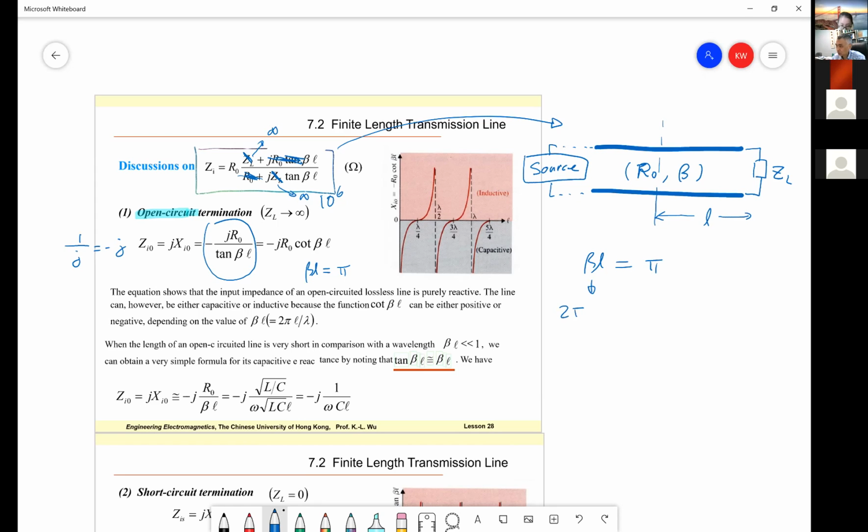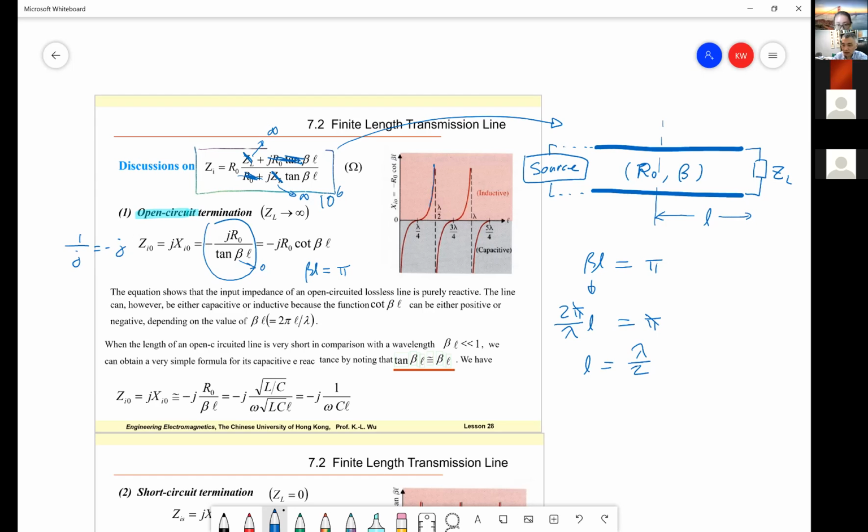Beta L equals 2 pi over lambda times L, equal to pi, then L equals lambda over 2. So once this equals pi, this goes to 0 and the impedance goes to infinity.